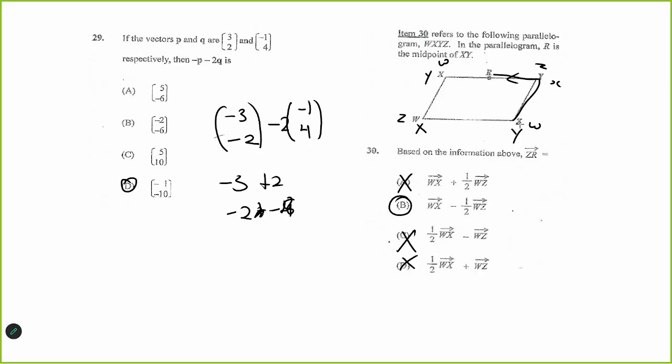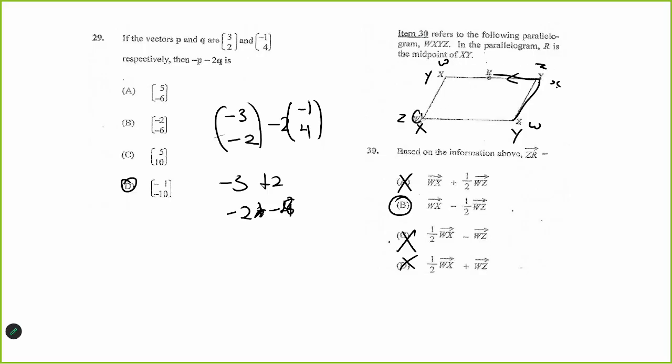So we are going from Z to Y, which is known as W to X, and then X to R, except they don't have X, so it'll be X to Y. We're calling this X to Y, but it does not have X to Y. It has W to Z. Right?